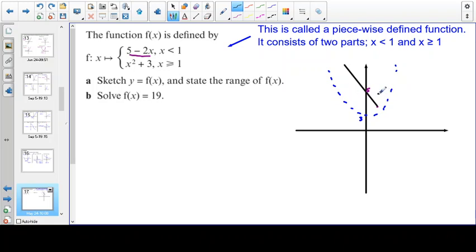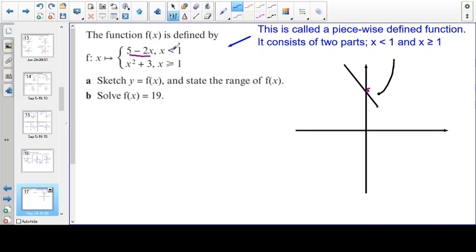And then it's just going to get bigger, where x equals 2, that's going to be 7. When x equals 3, that'll be 12, and so on. So it's just actually going to just be that bit there that we're interested in. Okay, so you need to know the shape and consider particular points.